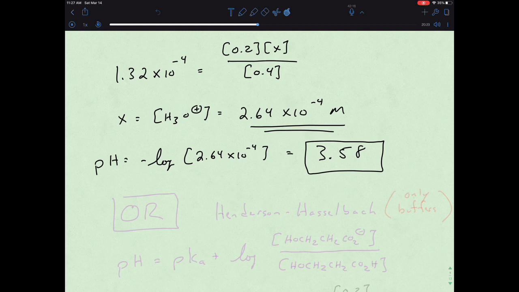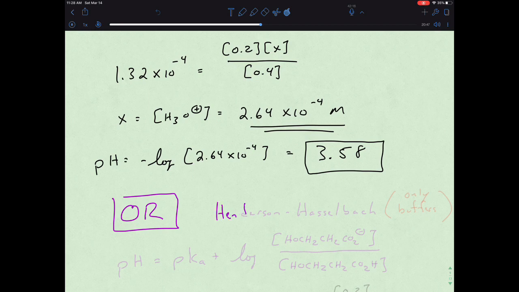Now that's doing it the normal Ka method, the ice table method that we've talked a lot about in chemical equilibrium, as well as in acid-base equilibrium and conjugate acid-conjugate base equilibrium. But realize that now we are in terms of a buffer.